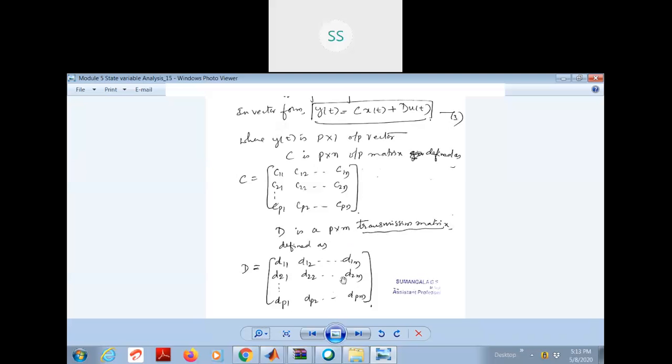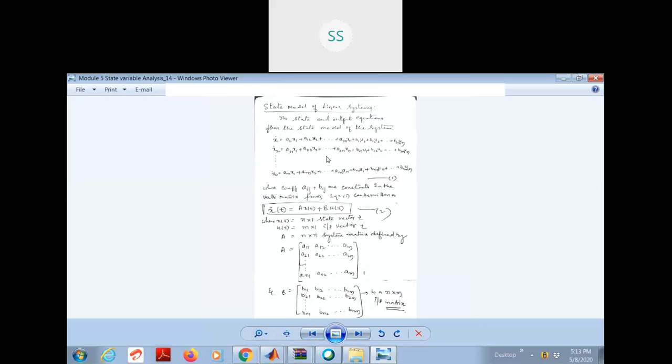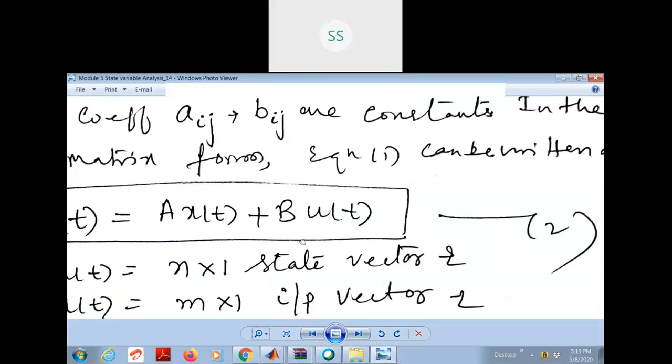Therefore, the entire set of state equations and output equations in case of a linear system consists of 4 matrices A, B, C, D. So this is a general description about the state model of a linear system.